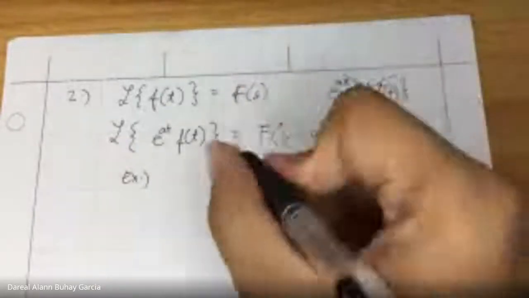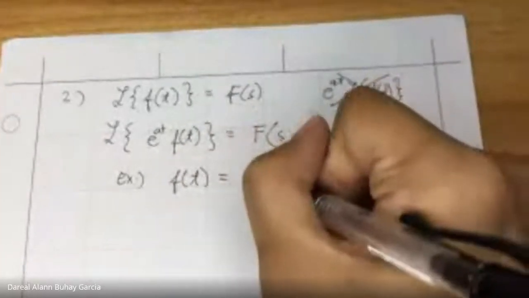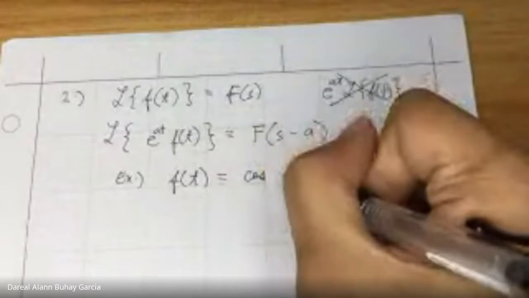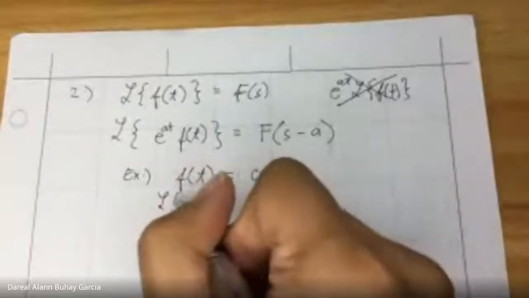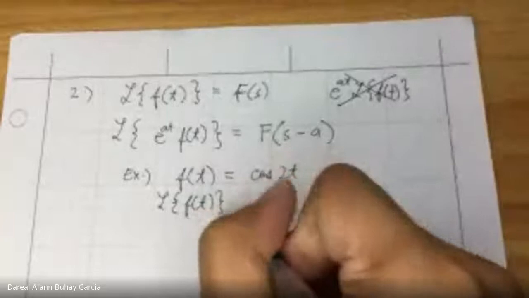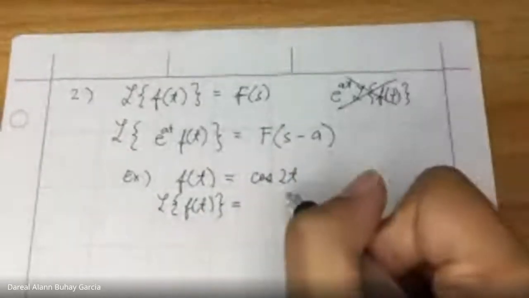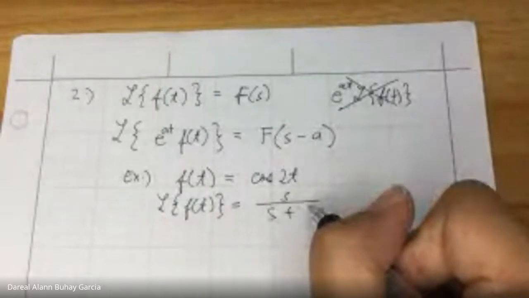Example. Our given function is cosine 2t. Normally, the Laplace transform of this, based on the table, is s over s squared plus 4.